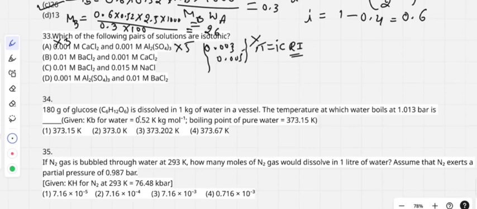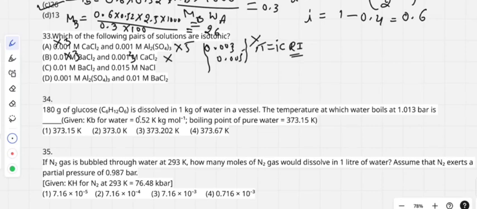And next I come to barium chloride and calcium chloride. For barium chloride i is equal to 3. You have to multiply this by 3. So here 0.001 calcium chloride, this is also multiplied by 3. So it is 0.03 and it is 0.003. It is not the same. Pi is not the same.